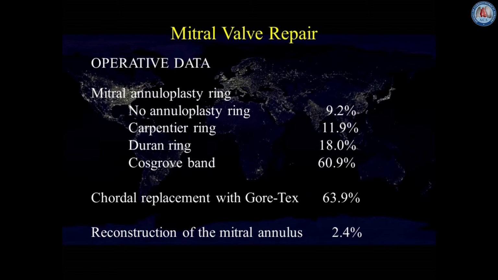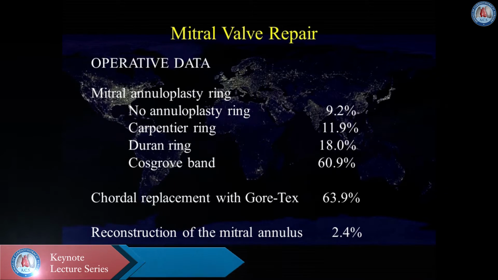The remaining patients had Carpentier ring, Durand ring, but most of them had Cosgrove band. Prolapse of leaflets was corrected mostly by creation of Gore-Tex neochords. 2.4% had resection of the calcium bar and reconstruction of the mitral annulus, as we have described in the past, in patients with dystrophic calcification of the mitral valve.